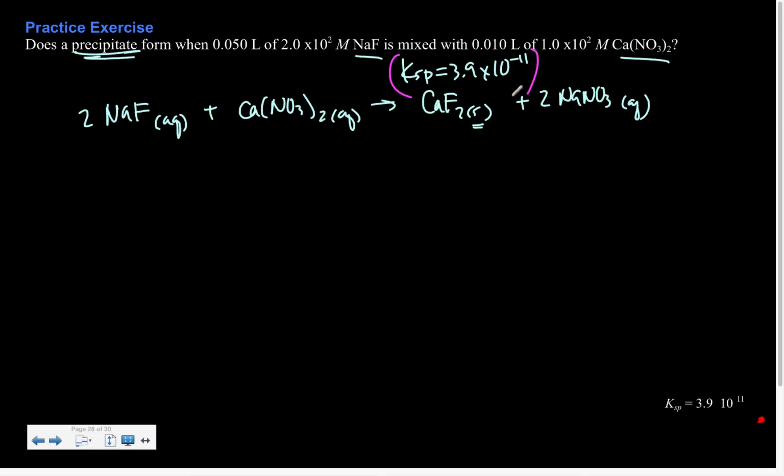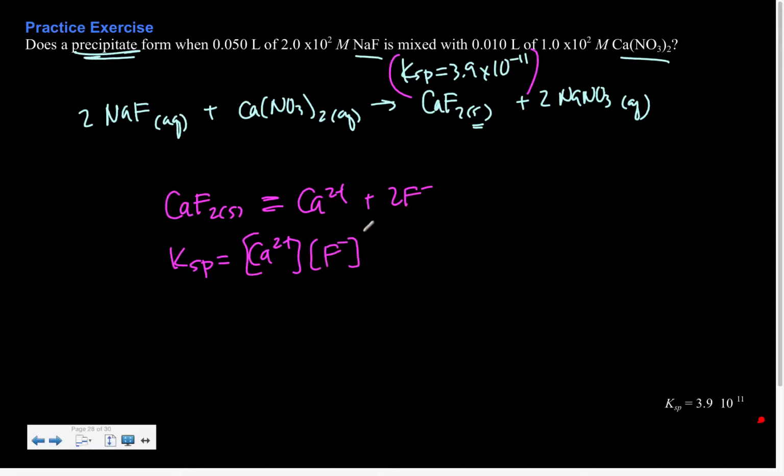Otherwise, it can get kind of confusing. When I talk about a KSP process, I'm always talking about my solid dissociating into its respective ions. That's always what it means, and so my KSP is always going to reflect that. If you write this out, that will help to keep your brain organized.